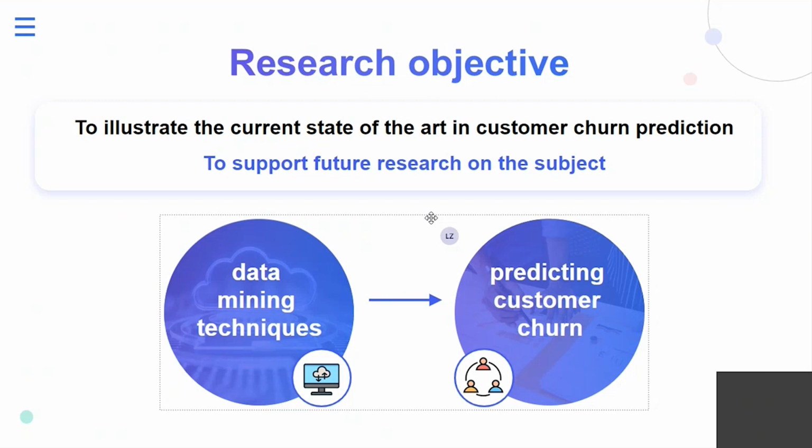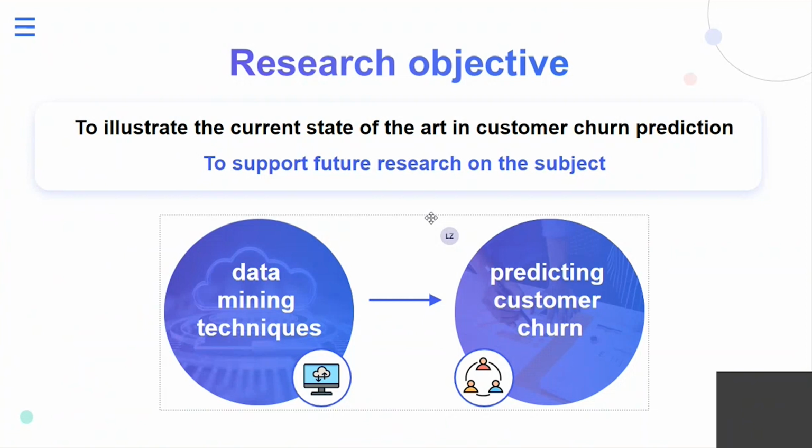Consequently, research in this area has been emerging, and there is a lot of research on it, but the systematic review of this area is imperfect. Some research does not focus on data mining techniques, some does not focus on customer churn prediction, and some is only in one area, such as telecommunications.